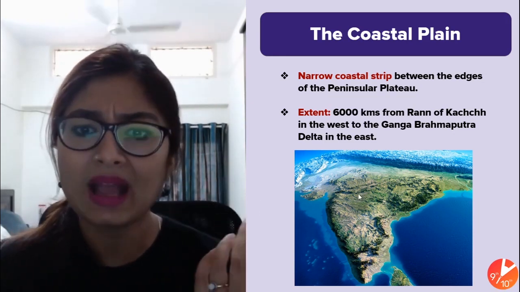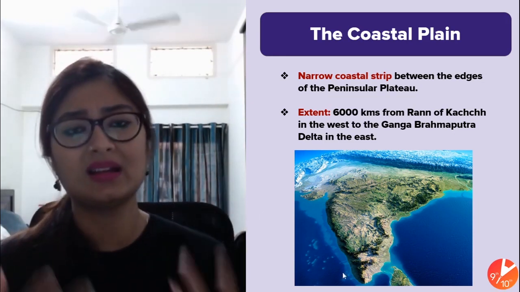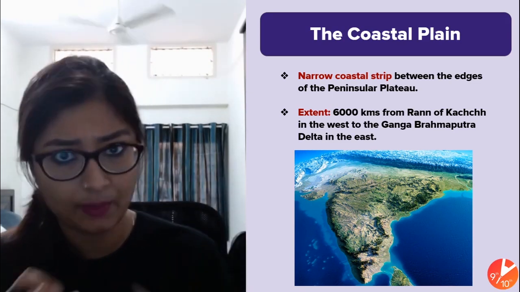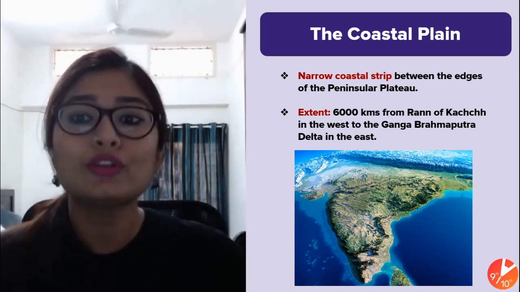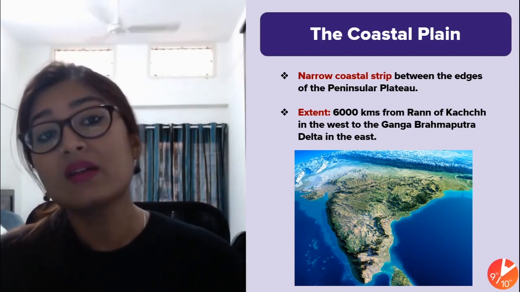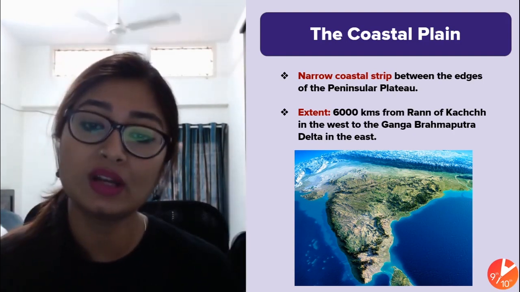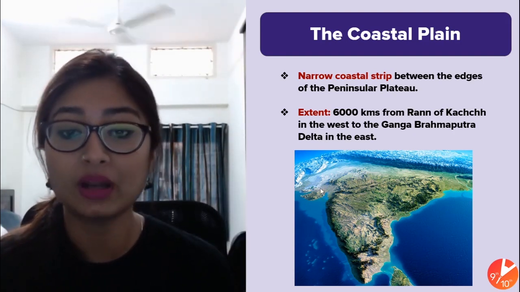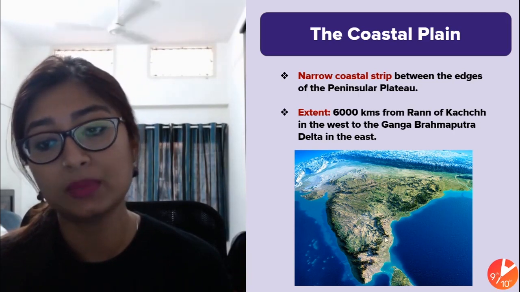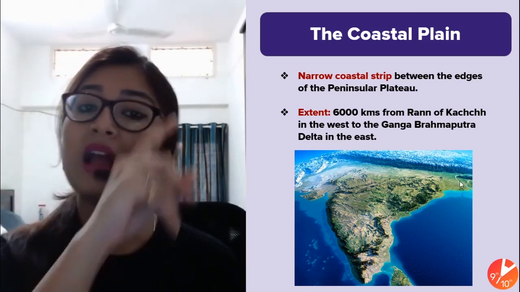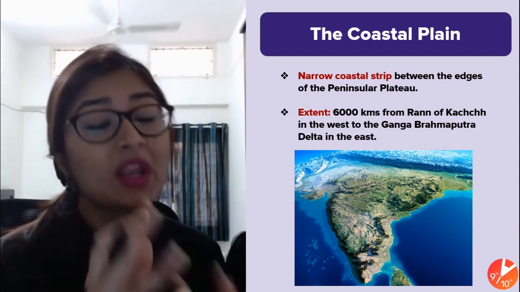Otherwise you would be thinking, ma'am, the breadth and the width in itself is somewhere like 3,000 approximately. How will the length of the coastal region be 6,000? So this is how it becomes 6,000, bacha. It covers the entire edge of the country. Right from here it stretches up till here, and this entire part is known as the coastal plain. Because why? It's simple.